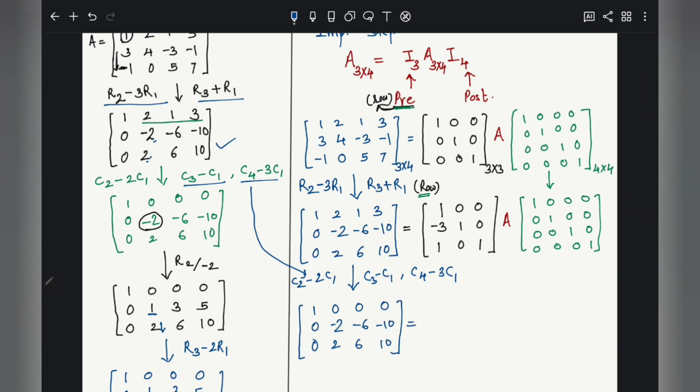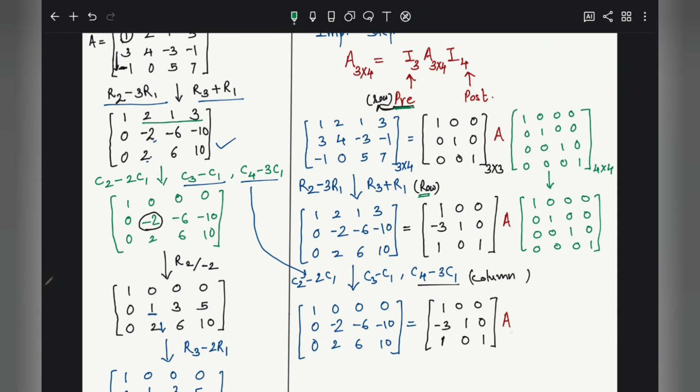And now on the right hand side, because this is a column operation, we will not touch our pre-multiplied identity matrix. We need to copy it as it is given. Note these steps.